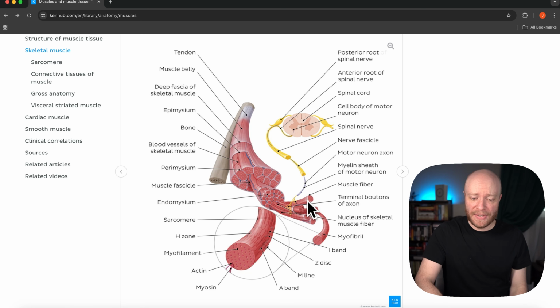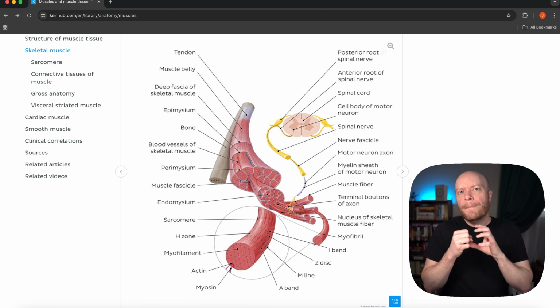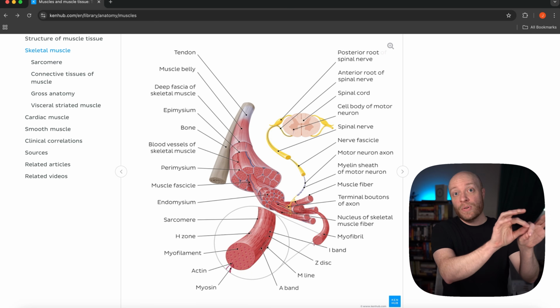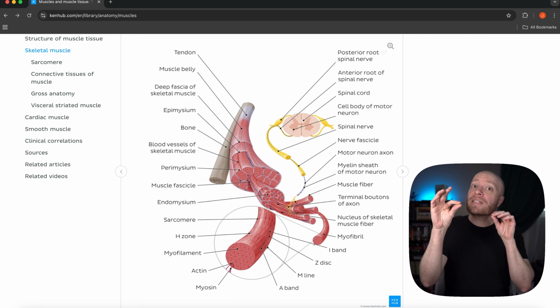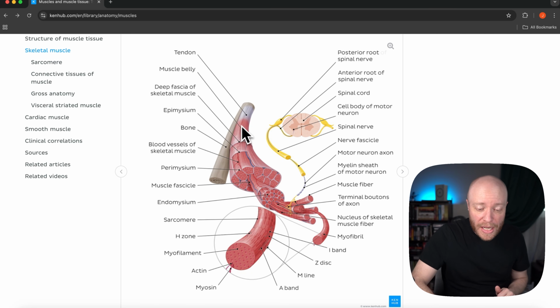The endomysium, if you recall, surrounds an individual muscle cell. But the perimysium and the epimysium are more about bundling. So when the muscle cell stops, the perimysium and epimysium continue on. You can see this where the red is turning into white? That is where the muscle cells stop, but the connective tissues continue.